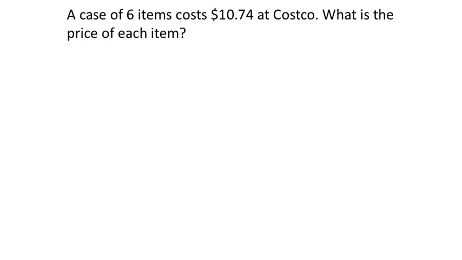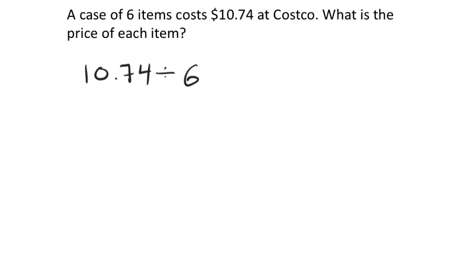So we are dividing. Now, you got to be careful with that as well, because some students are just going to do this in order. They got the 6 first, and then they got the $10.74 second, and they say, I'm going to divide these. No, that is not what you're dividing, because you're dividing the $10.74 up with 6 items. So you'd start with this $10.74 and divide it amongst 6 items.